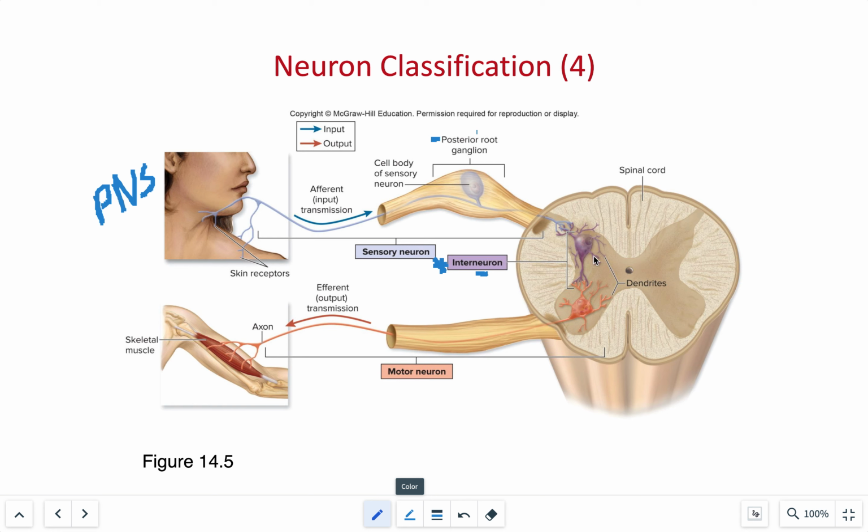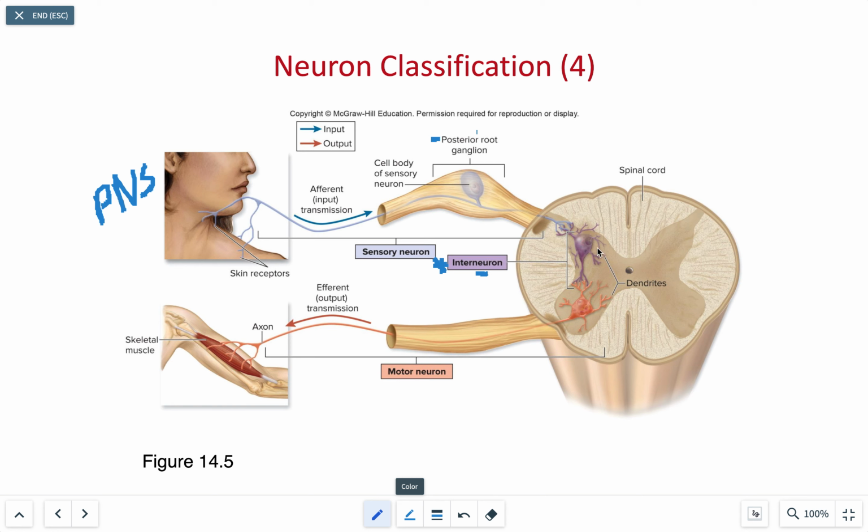They retrieve, they process, they store information, and basically they are going to decide how the body is going to respond to the stimuli. So they're facilitating communication in this example from the sensory information coming from the skin.